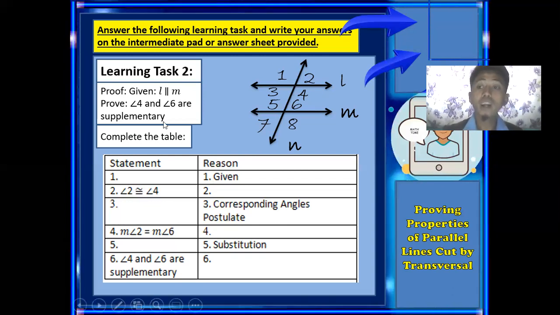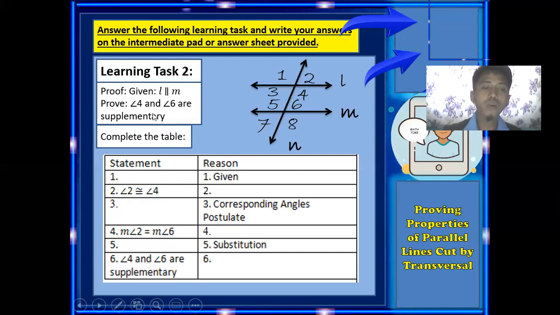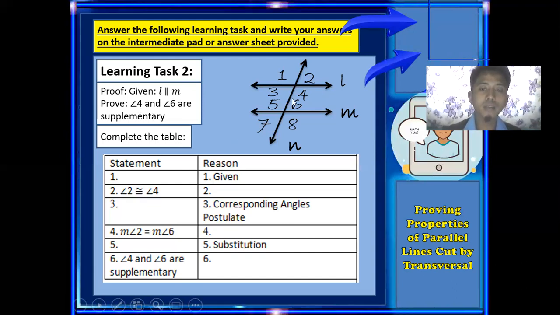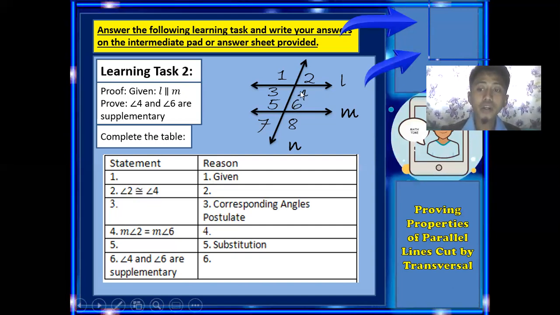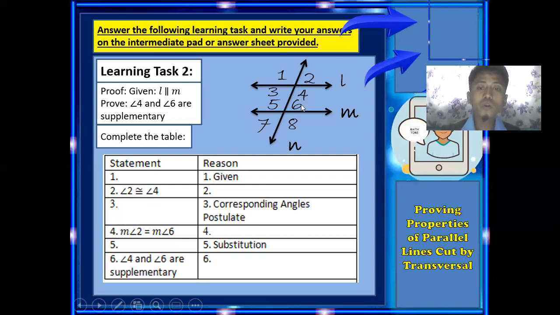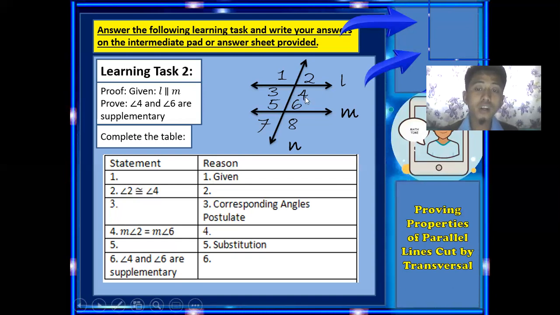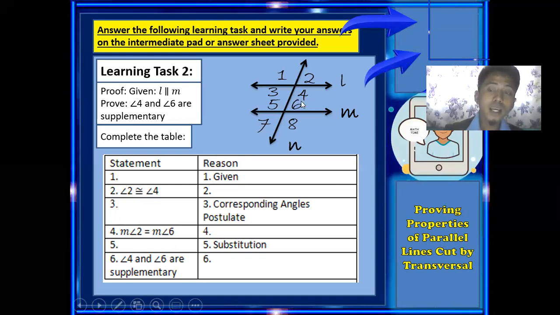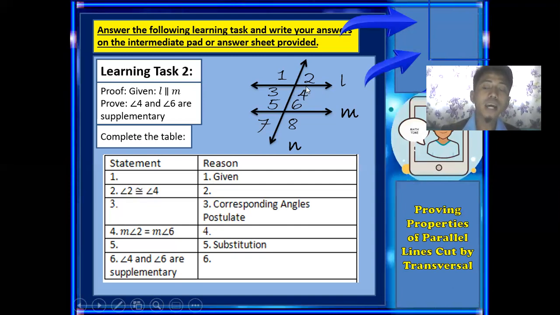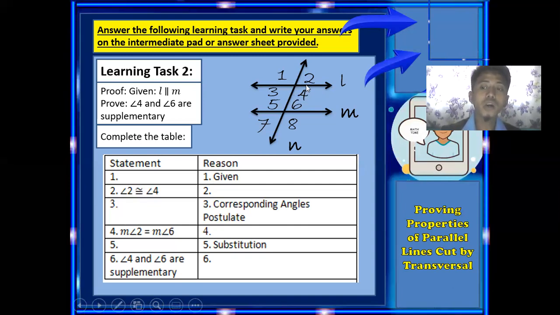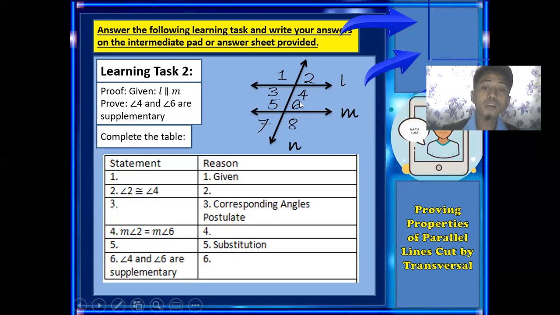For example, angle 4 and angle 6 are same side interior angles. Once you have proven that angle 4 and angle 6 are supplementary, we can say that the same side interior angle theorem is correct.